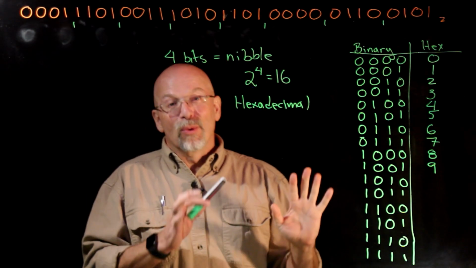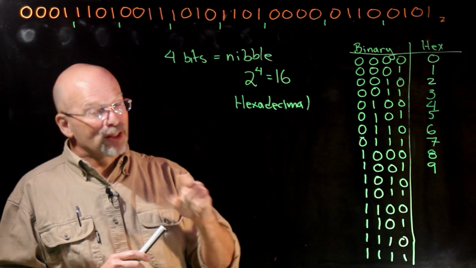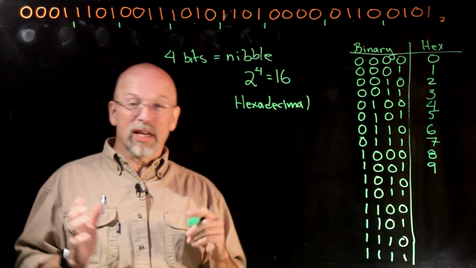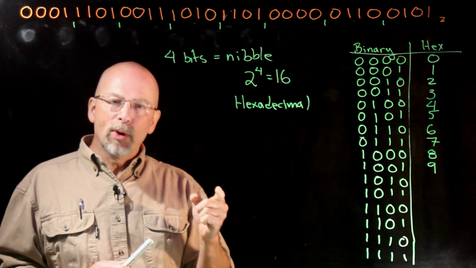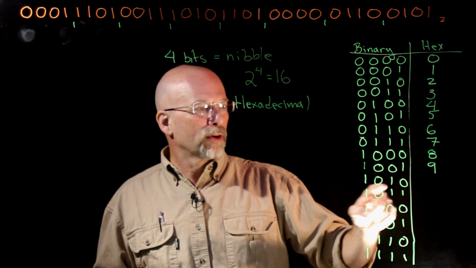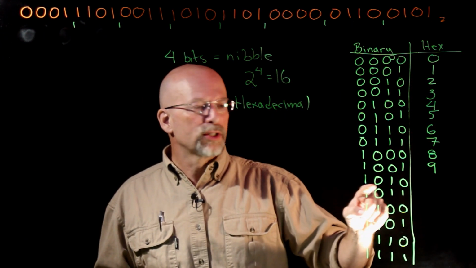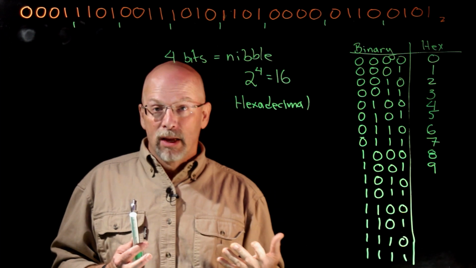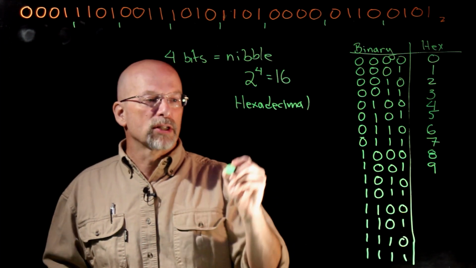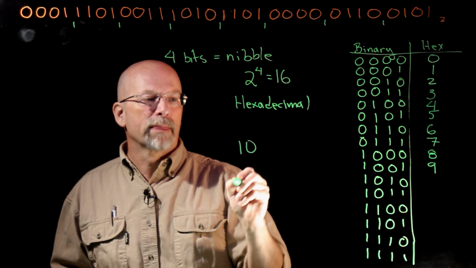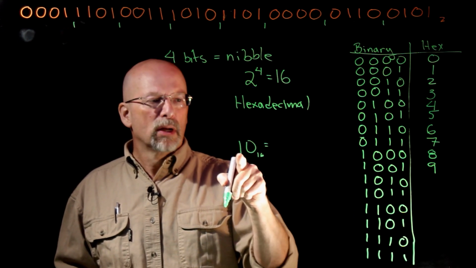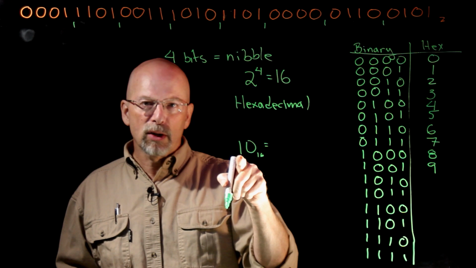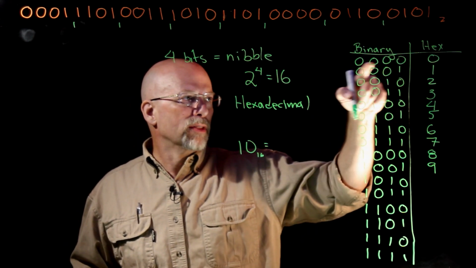Now, the rest of the digits, we can't continue to use decimal, because if we continued to use decimal, what would happen is this number, for example, 1010 is 8 plus 2, that'd be 10. Well, that takes up 2 digits, and so if I were to do 10 base 16, would this equal a digit 1, this nibble right here?